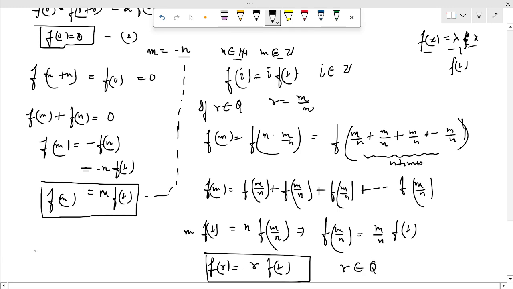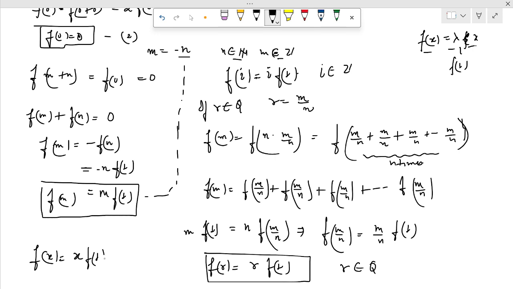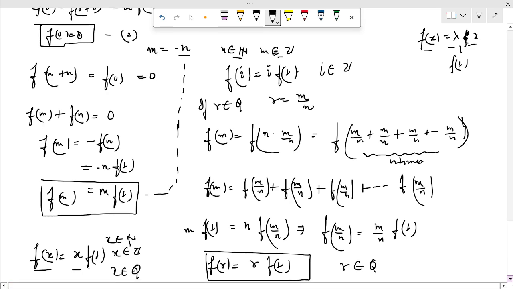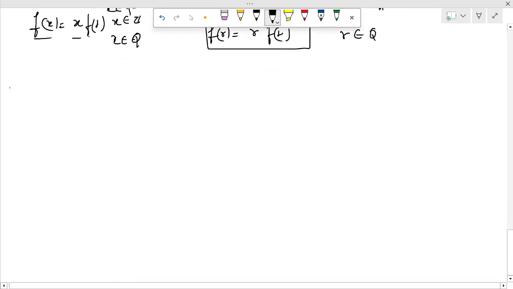So what we have already established is that f(x) is equal to x times f(1), where x belongs to the natural numbers, to the integers, and even for x belongs to the rationals we have proven the same. So now, what about any real number? Will it be true for every real number? Yes, indeed. See how.